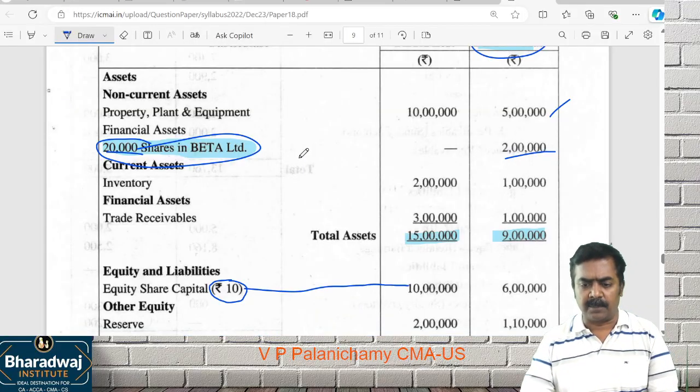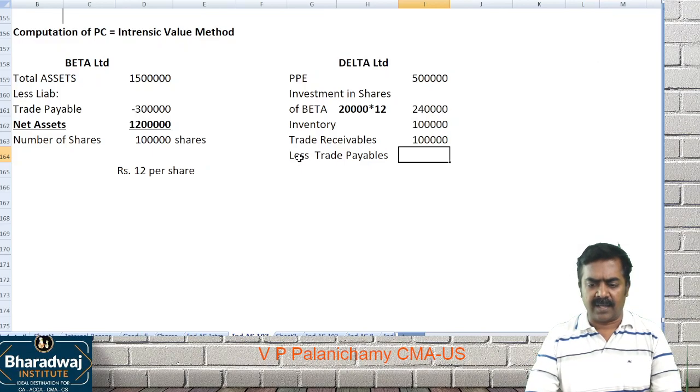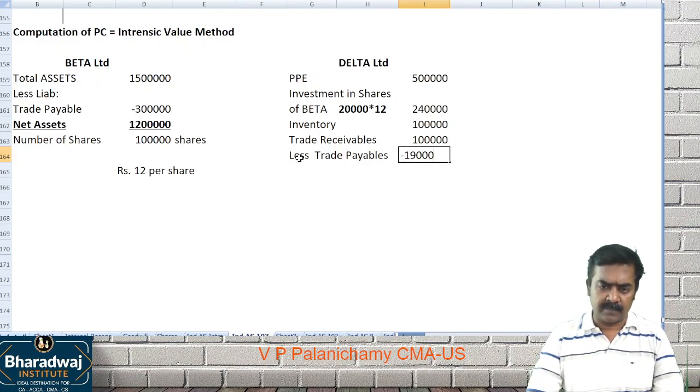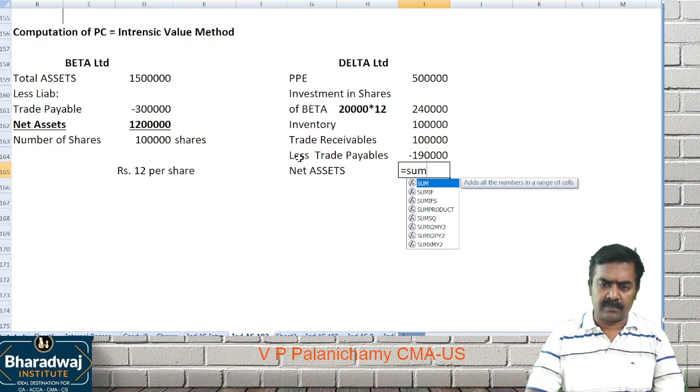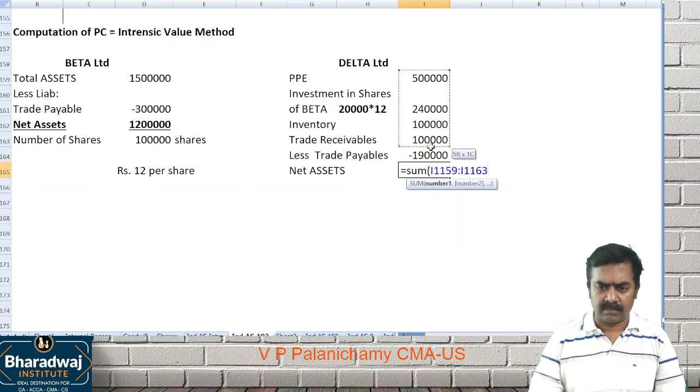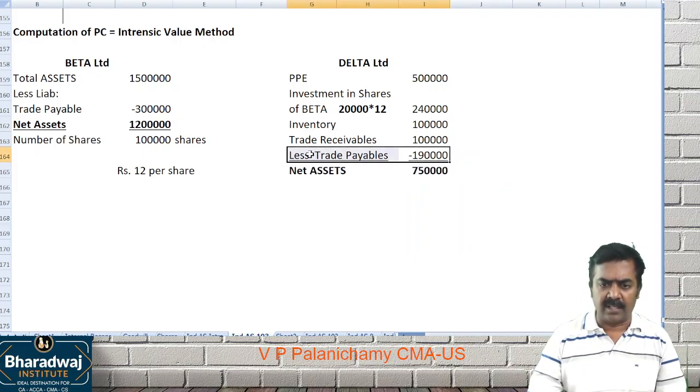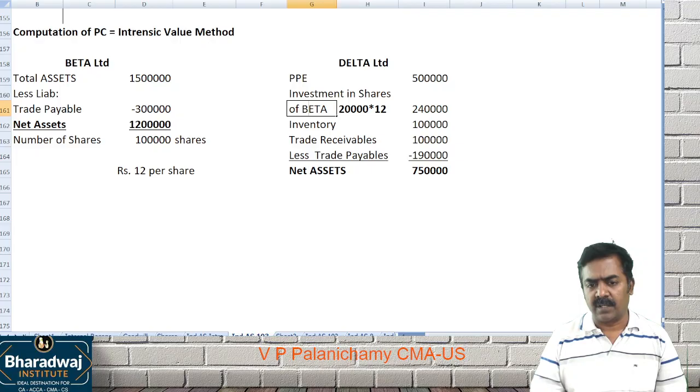See how much trade payables there are: 1,90,000. This will give us the net assets of the other company. 7,50,000 is the net assets of Delta Limited. Many students will not think about this point.